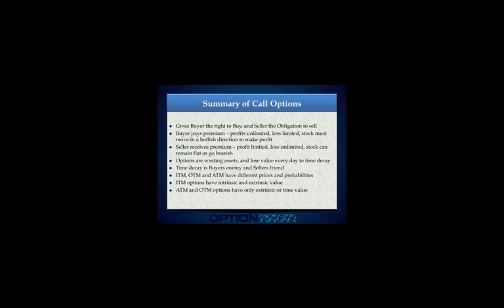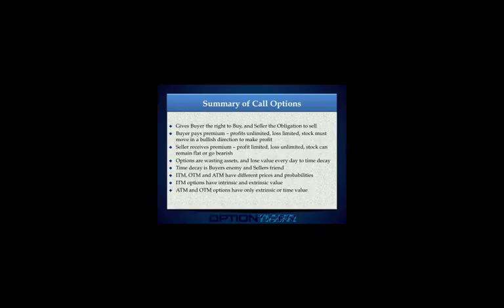So let's just review the call options. A call option gives the buyer of the option the right to buy and the seller of the option the obligation to sell. Buyer pays a premium for this right, and his profits are unlimited and his losses are limited to the premium he pays.